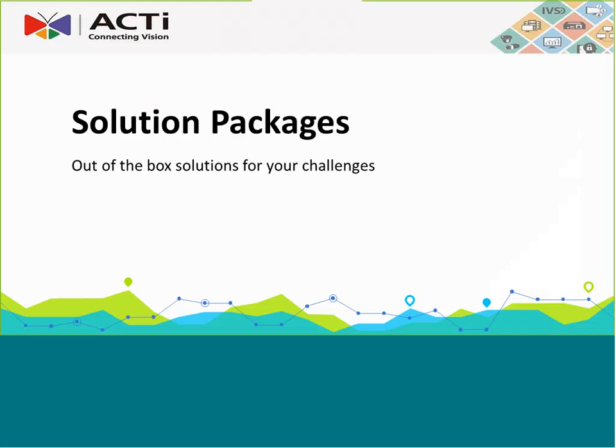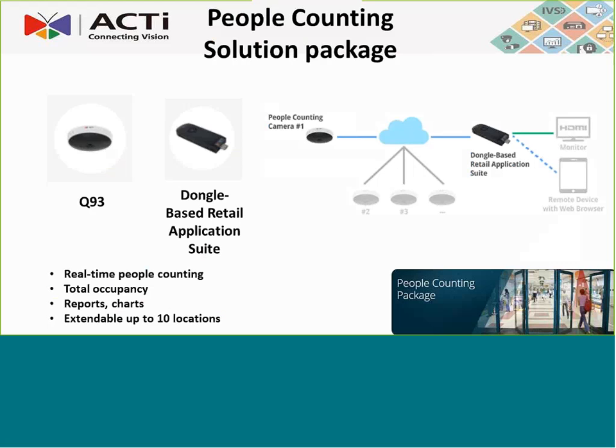For this kind of solution, we have 2 different solution packages. For example, for the people counting, we have the people counting package that includes the camera and the hardware that I was telling you about. Or you can just buy the camera, but the camera will do the counting, but you will not have the report.